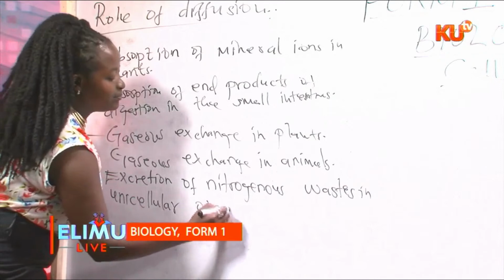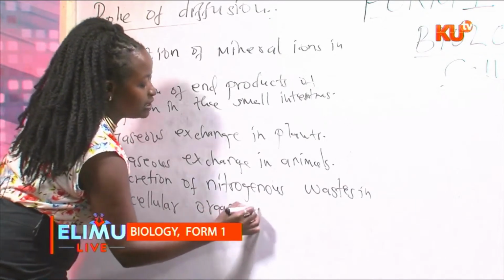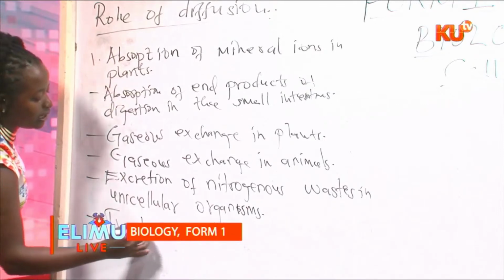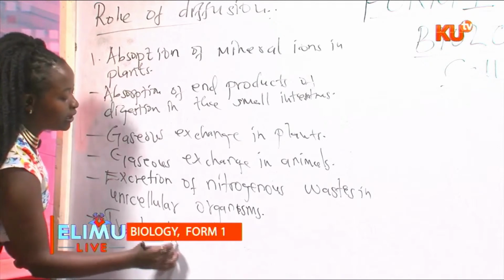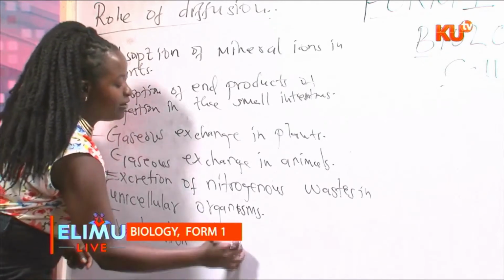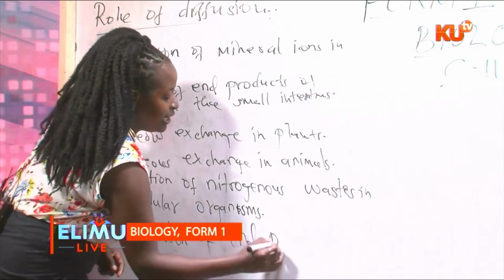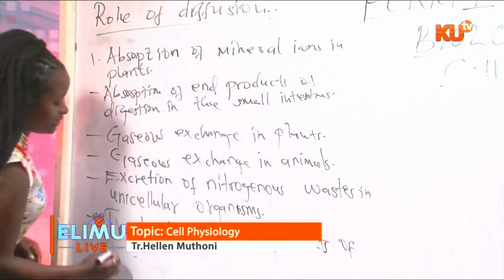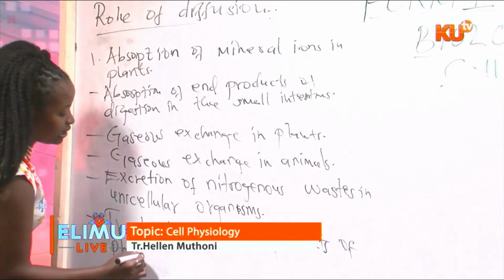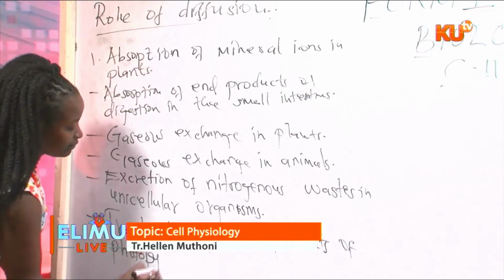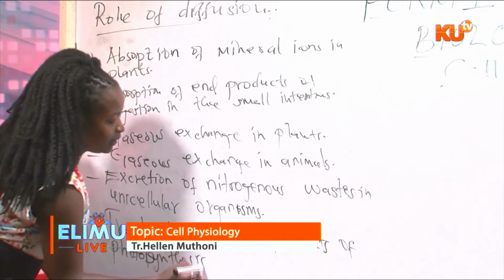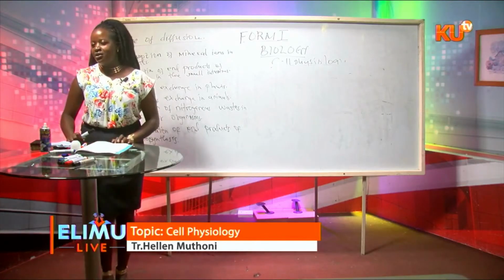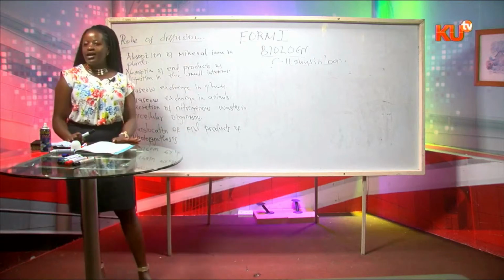And lastly, it helps in translocation of end products of photosynthesis. These are the main importances or the major roles of diffusion in living organisms.